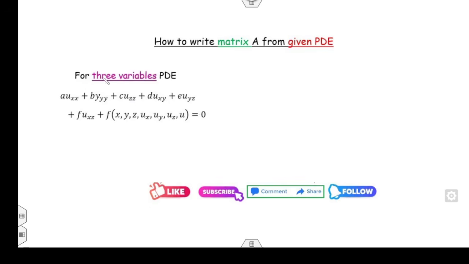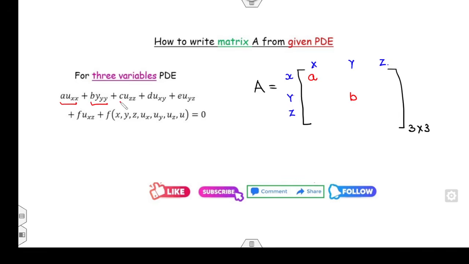Look at that. How many independent variables? It has 3 independent variables. So your target is to construct a 3 cross 3 matrix. Independent variables are x, y, z, x, y, z. So can you substitute the values? x of x, A, y of y, B, z of z, C. This is xy.